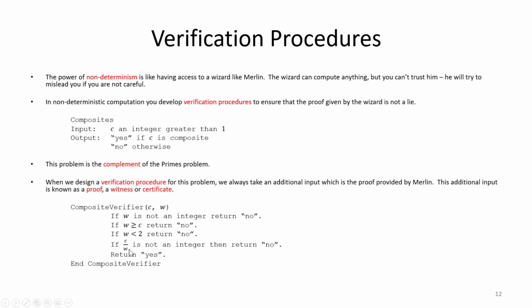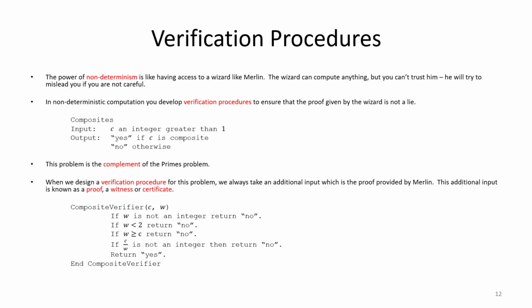Now, the next thing is we could go down here. Is there a way that Merlin could still trick us if he's restricted to giving us an integer? Well, again, let's go back to C being 7. We could imagine giving 7 itself. 7 divided by 7 is 1, right? Then I would say yes. So we need to remember that factors come in a range.